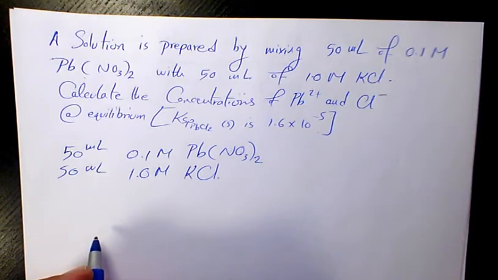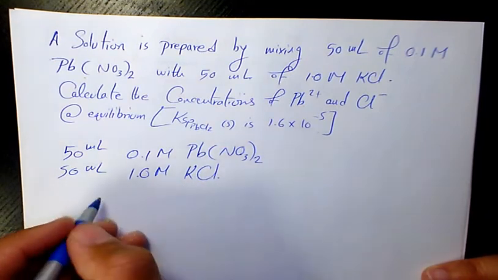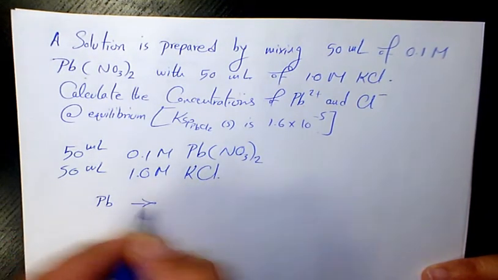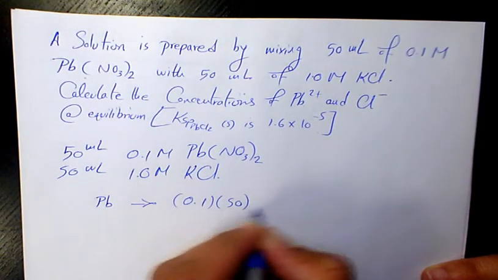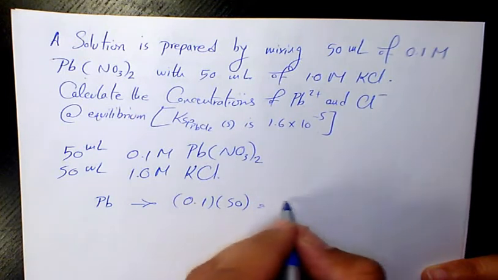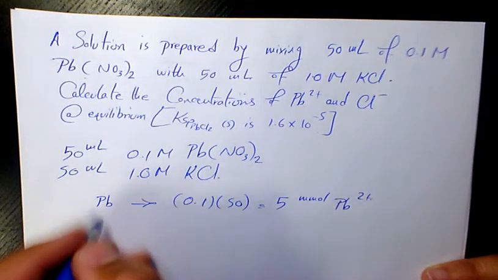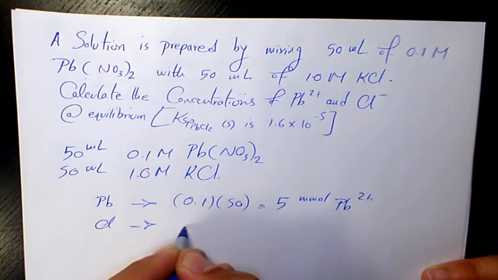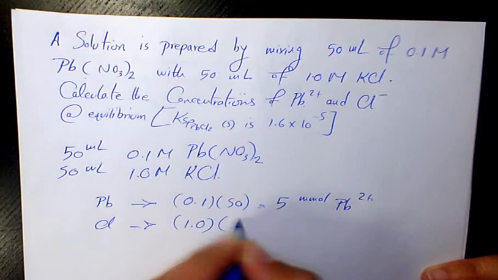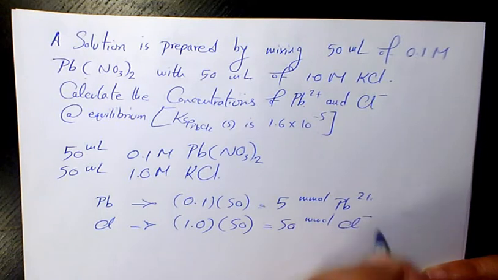So the number of moles of Pb will be 0.1 times 50, that's going to be 5 millimole of Pb2+. Number of moles of Cl will be 1.0 times 50, 50 millimole of chloride.